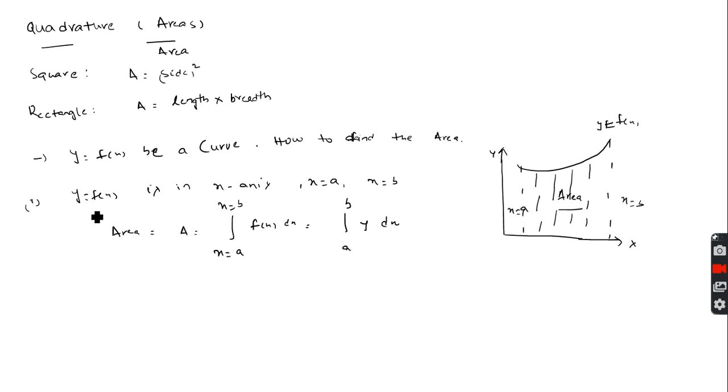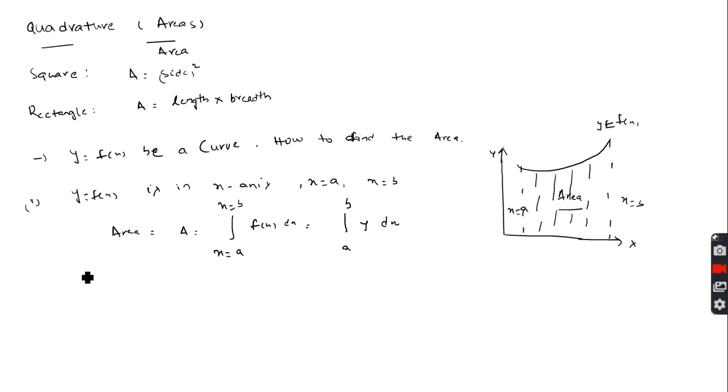Therefore if the function y is equal to f of x is a curve in the x axis, and the limits are x equal to a and x equal to b, then the area is equal to the integral from a to b of f of x into dx. If it is in the x axis we get dx.